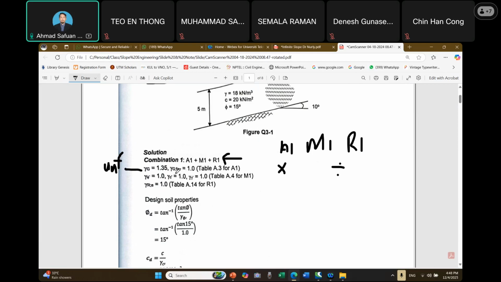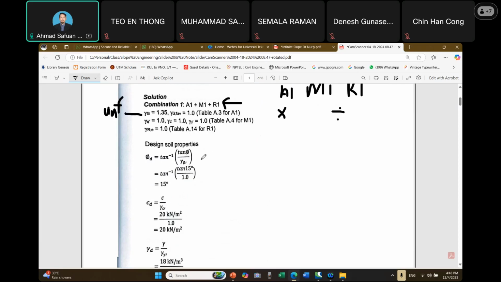Only for phi, or internal friction angle, we need to use the tangent method.